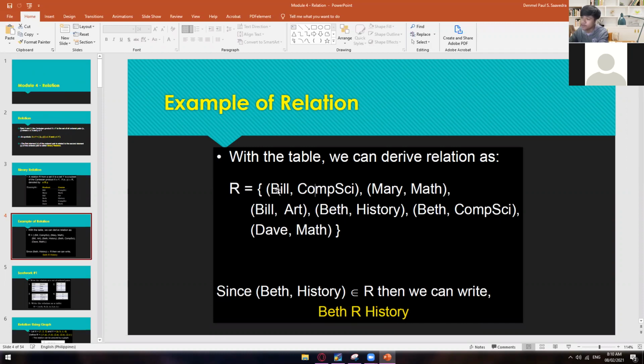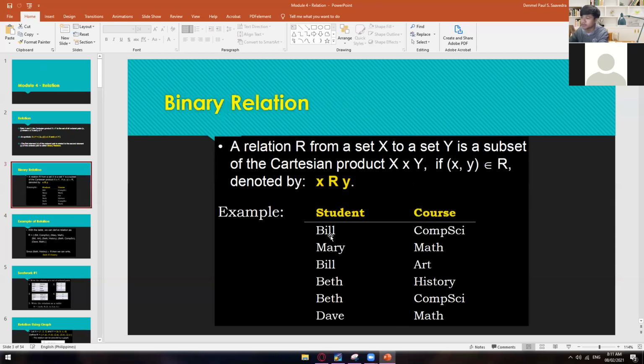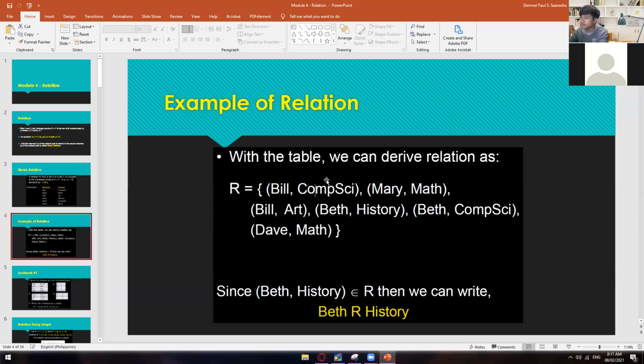Of course, the first one is the x or the domain, and the second one is the range. This one came from our table. So Bill ComSci, Mary Math, Bill Art, and so on and so forth. So this one now is in the form of a set, or set relation.